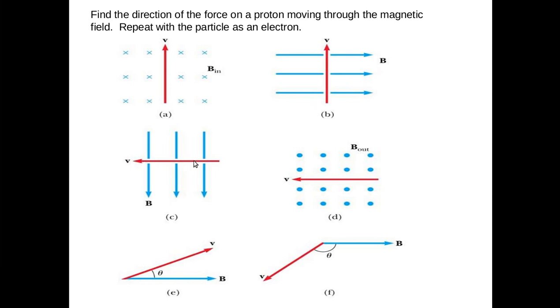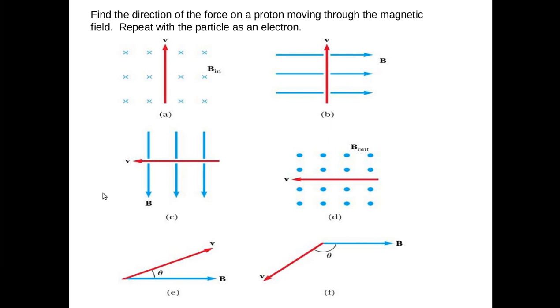Part C, my velocity vector is in the negative x direction. So I point my fingers in the direction of the velocity vector, negative x, but my palm is now facing down. And my palm is facing down because I'm going to have to curl my fingers in the direction of the magnetic field.